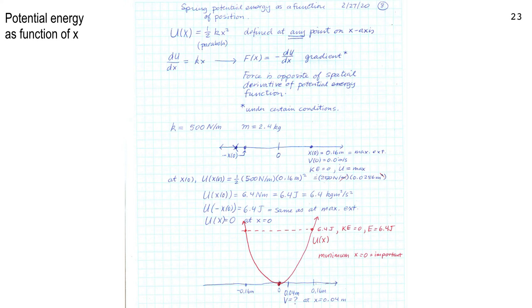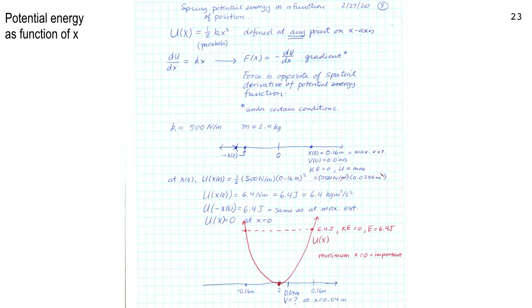So this means that for the harmonic oscillator function, the force is equal to the opposite of dU/dx. This is also known as the gradient. In 3 dimensions, you would call this the gradient. But for something simple like a harmonic oscillator, motion on the x-axis, it's just one derivative instead of 3 spatial derivatives.